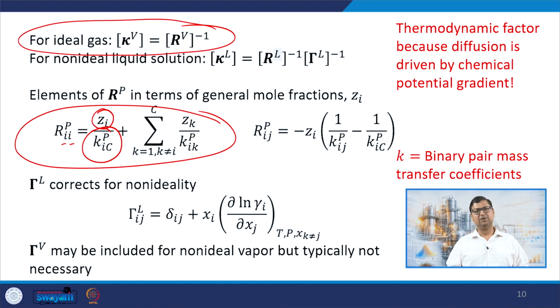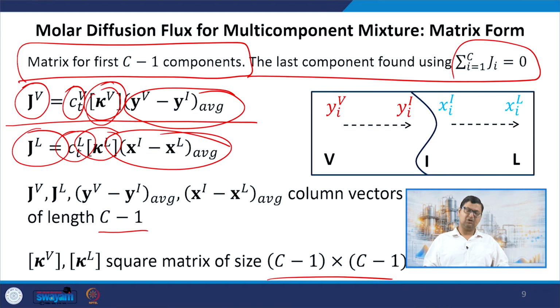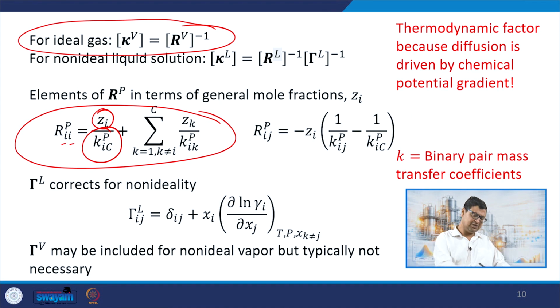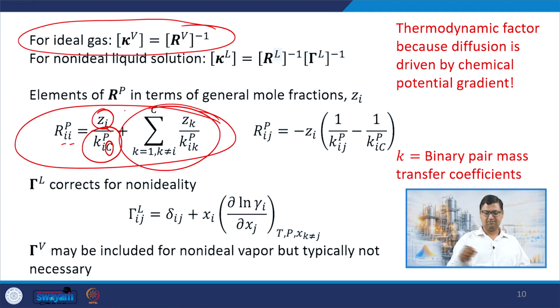Keep in mind that I am doing it for a c minus 1 by c minus 1 matrix, so I am not doing it for the cth component, only for the c minus 1. Therefore, the i-c term comes separately here, and then I have a sum over the others, right?